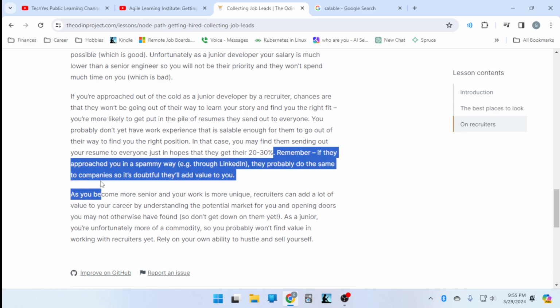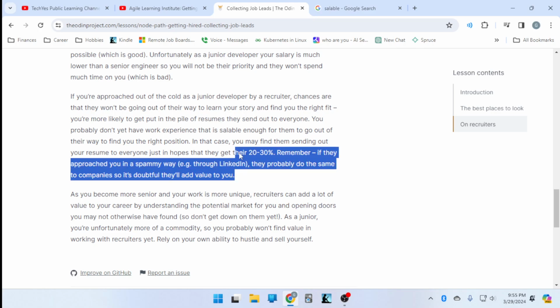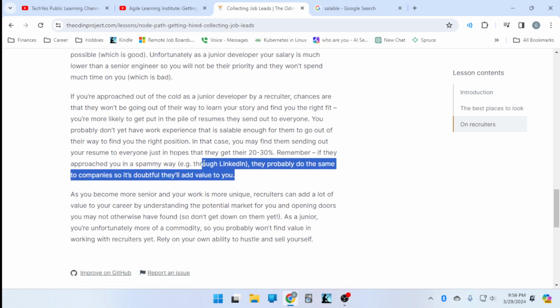Remember, if they approach you in a spammy way, for example through LinkedIn, they probably do the same to companies, so it's doubtful they'll add value here. Yeah, so this is a good point, and the job they have might not even be a real job. I think in a lot of cases it's not.